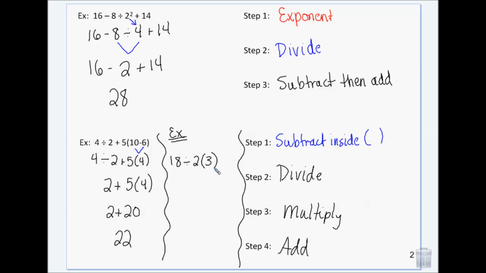But if I do the division first, this is going to be 9 times 3, which is 27. So you can see that makes a huge difference, right? One answer is 3, the other answer is 27. The correct answer is 27. Okay. So in this example, because they were separated by addition, it's not so vital. But over here, it makes a world of difference. So just be careful.